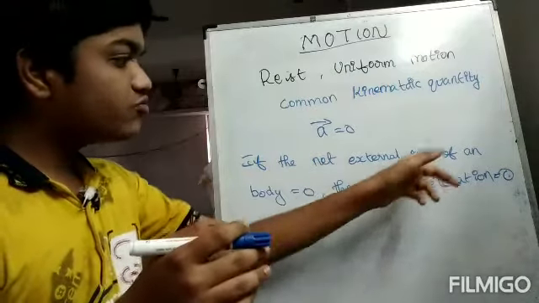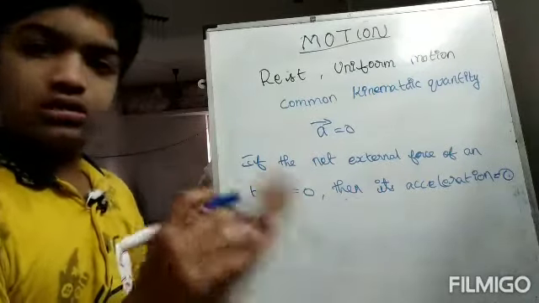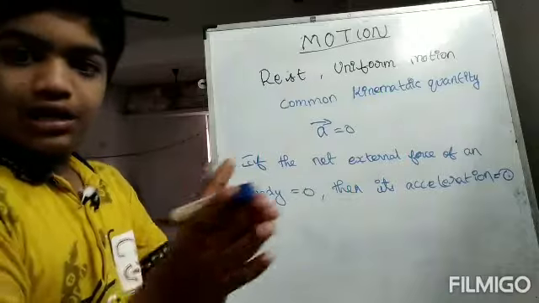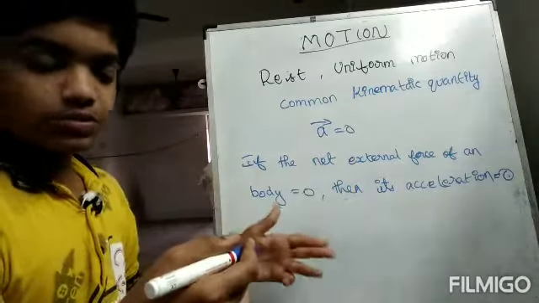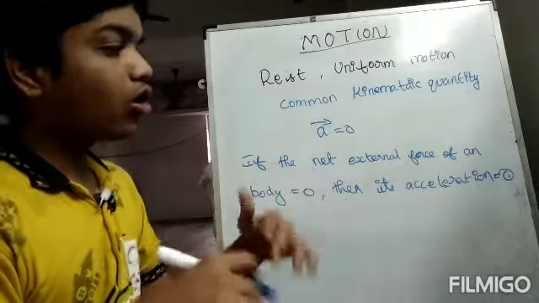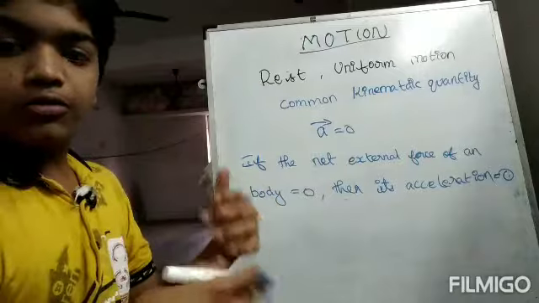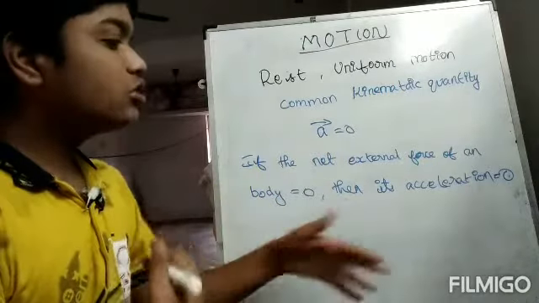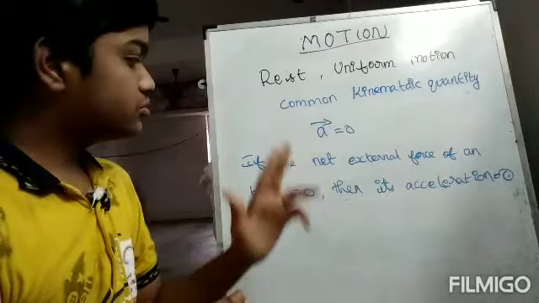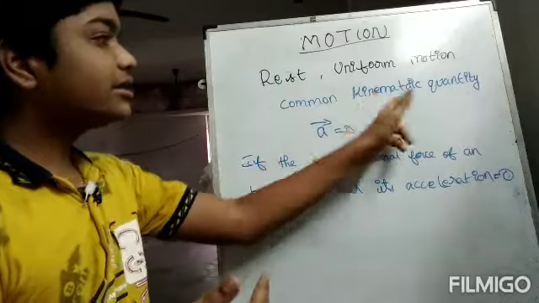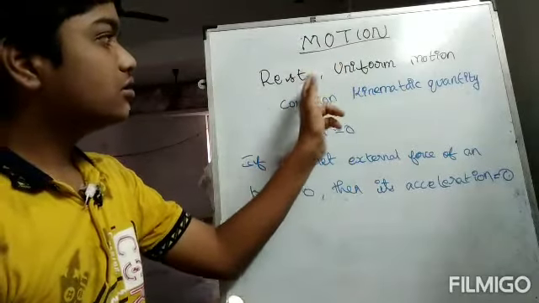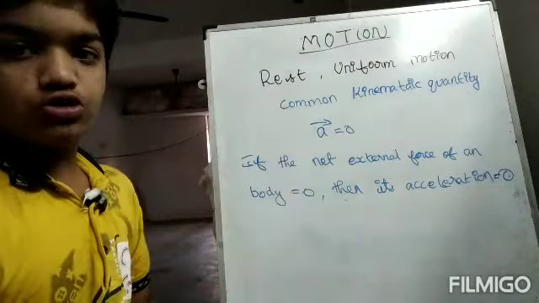So the net external force on a body is equal to 0. The acceleration, the rate of change of speed, will also be 0. In uniform motion, the speed is also the same, so acceleration is also 0. This is a common kinematic quantity in rest and uniform motion.